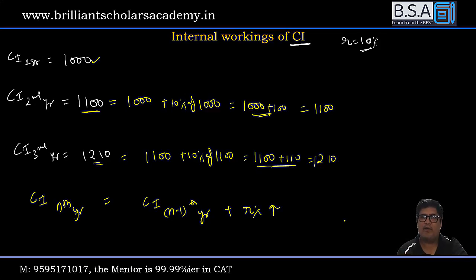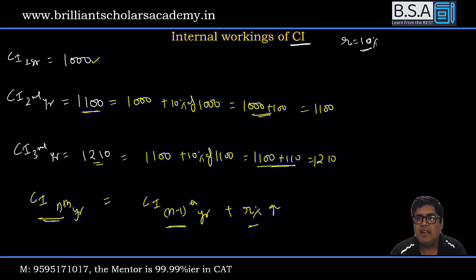Equation might confuse you, don't worry about the equation. Follow the wording. Compound interest of nth year is previous year interest raised by R percentages.